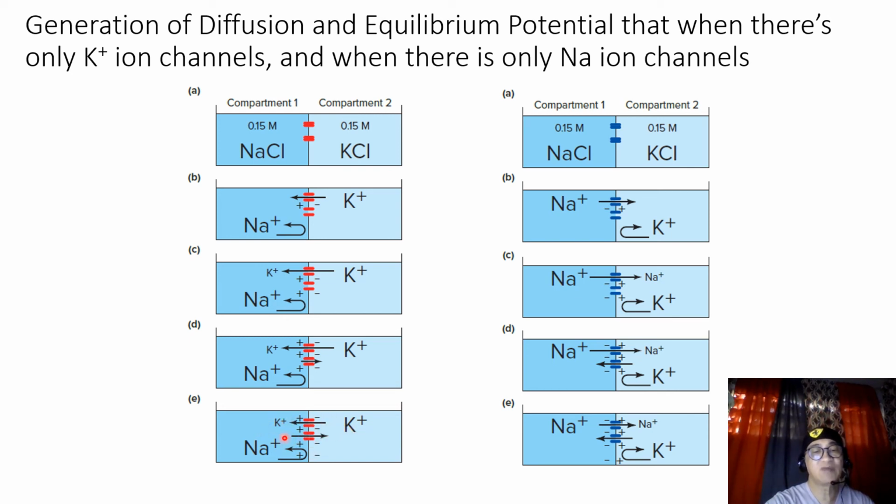And so you have a membrane potential that is established, wherein the magnitude of diffusion of potassium from compartment 2 to compartment 1 is balanced by the magnitude of diffusion of potassium from compartment 1 back to compartment 2. This is a condition which we call equilibrium potential.